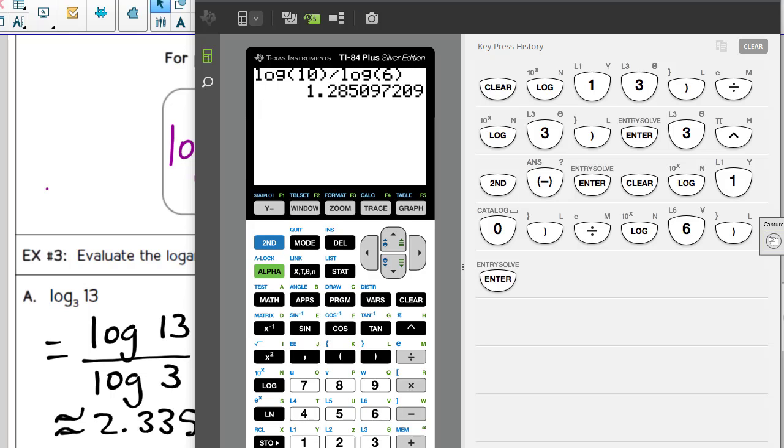All right, so yeah, I'd call it 1.285. Since that next number is a 0, don't even mess up the rounding, right? So 1.285, but 3 decimal places is pretty good for us to use.